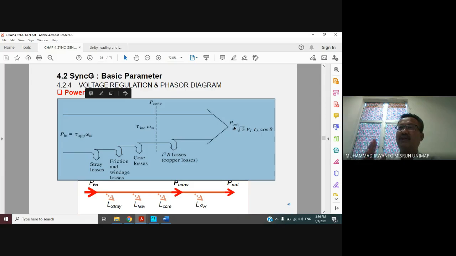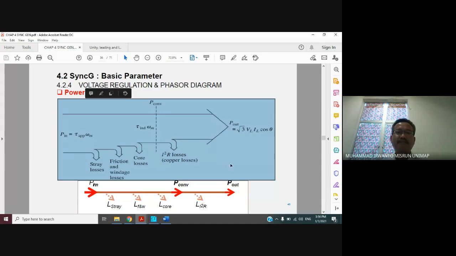The phase voltage is equal to line voltage divided by root 3, meaning VL is equal to root 3 multiplied by V phase. So this formulation becomes P out equals 3 V phase IL cos theta.